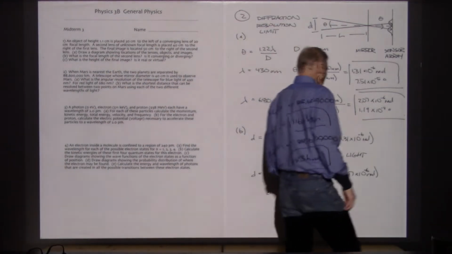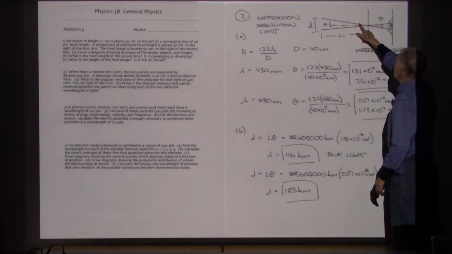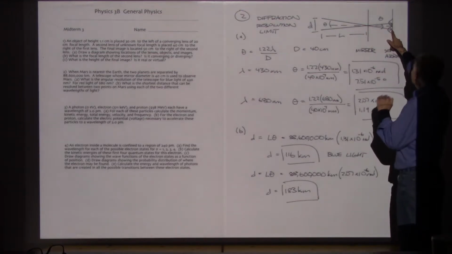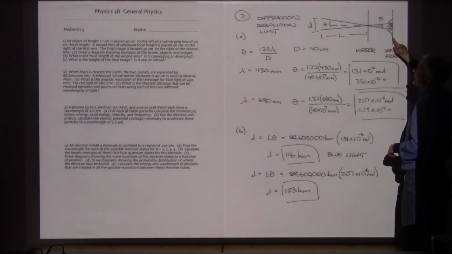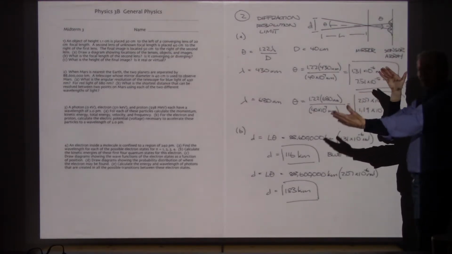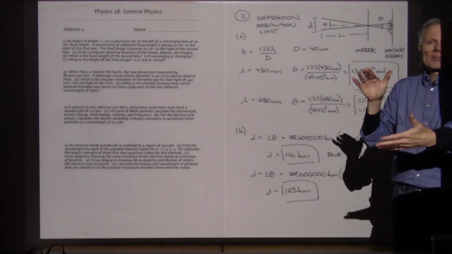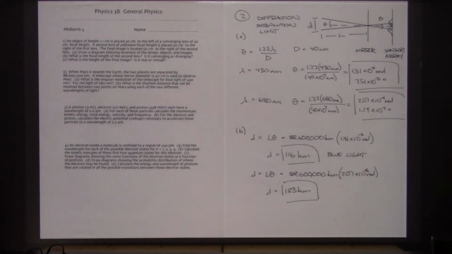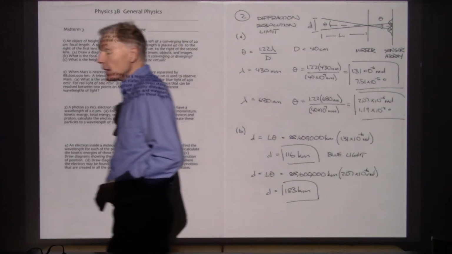The light that comes through doesn't land at just one location. It's spread out due to the diffraction effect. If we open up the aperture, if we allow a wider sample of light to come in, then the diffraction effects go down.